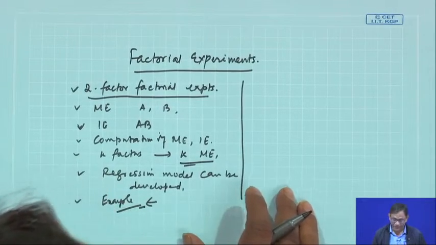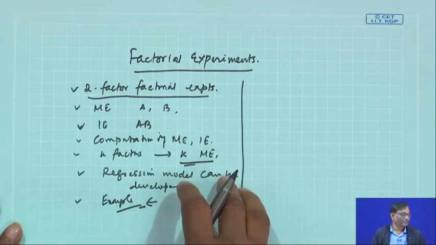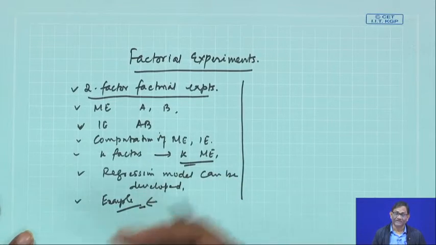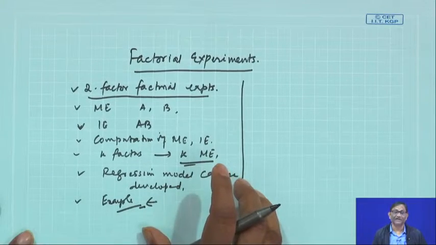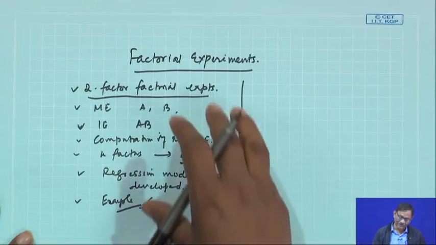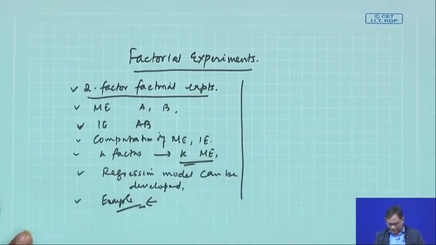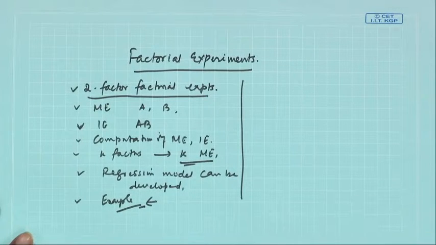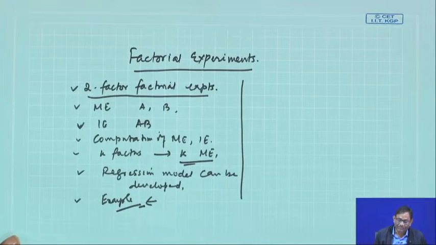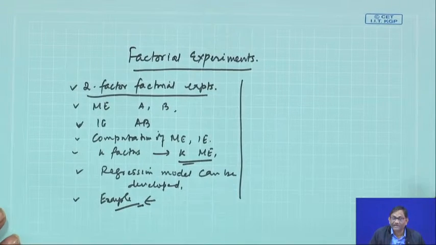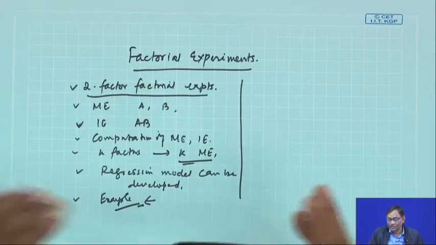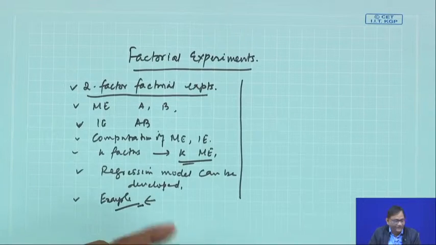In this lecture, I will give you some statistical analysis of the experimental data, to see whether the model is able to capture the variability in the response variable, and whether the main and interaction effects really contribute in explaining the variability of the observed y, the response variable.